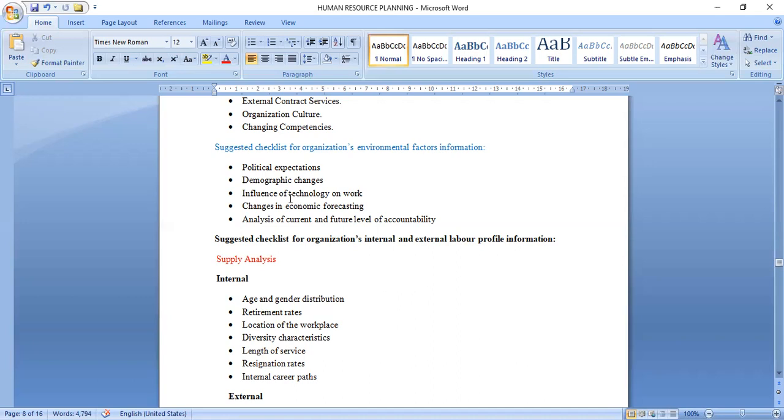So the environmental factors, which we have already looked at briefly, there will be the political factors, which we've looked at, and the demographic changes. These ones are in the form of, for example, the age and the sex, whereby with the age, you as an organization may find that the people you're employing are about to retire.